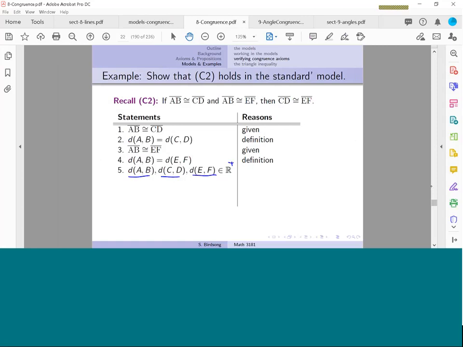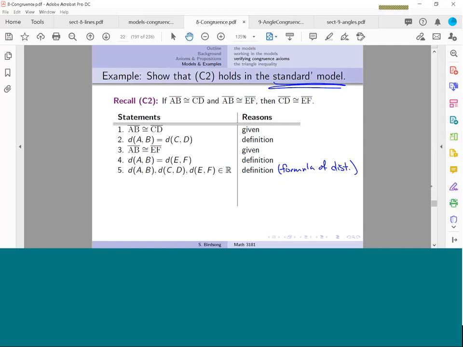I typed in "definition" over here before class, because this totally depends on the formula of your actual distance function. So you have to go back and look at the distance function for whatever model you're in, and check: did I actually get back real numbers? That's how you would verify.